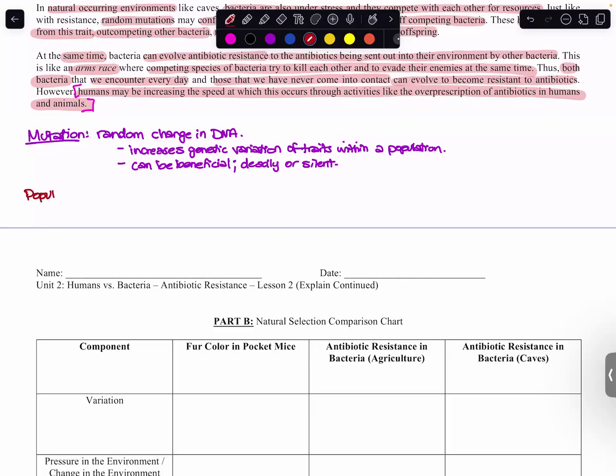And then population, we've used this word quite a few times during this unit already, but let's make sure that we understand exactly what a population means, especially since natural selection only cares about the population.